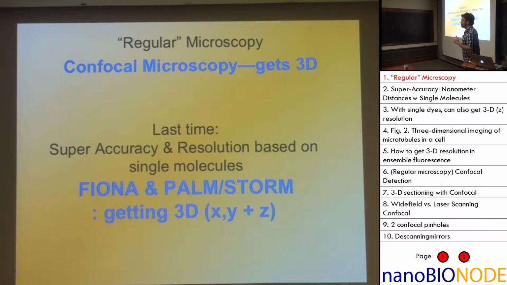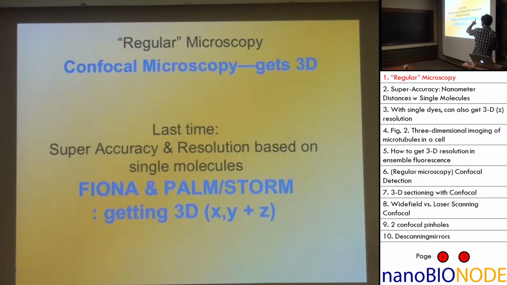Today, what I'm going to talk about, in some senses, is not directly relevant to any particular lab that you've done, but it's a very, very important topic, and that is confocal microscopy.